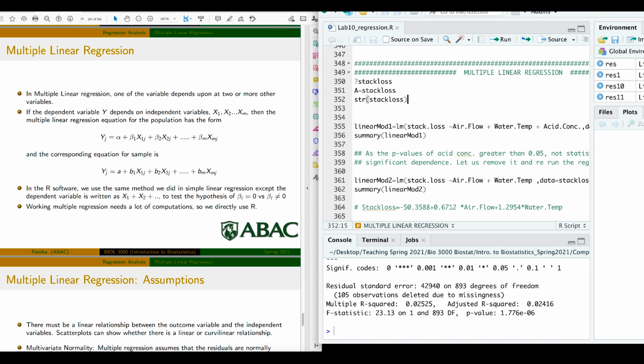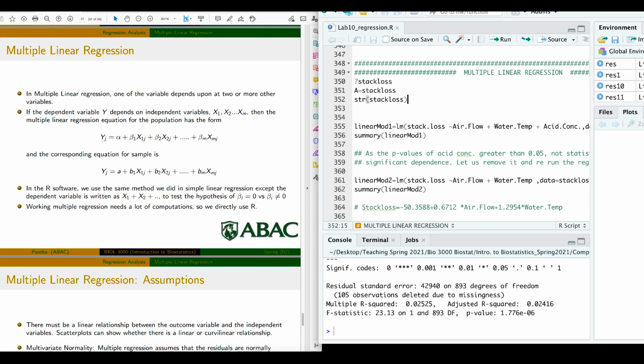And then we tested the hypothesis whether y, the dependent variable, depends linearly on x, meaning that whenever the value of x increases, the value of y increases or decreases with a certain slope. Okay, so that's what we did.